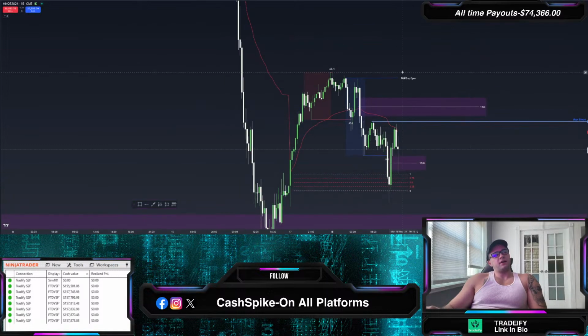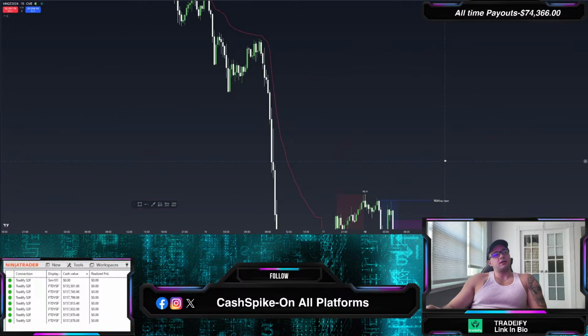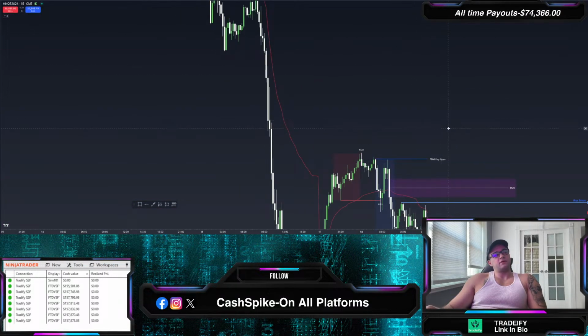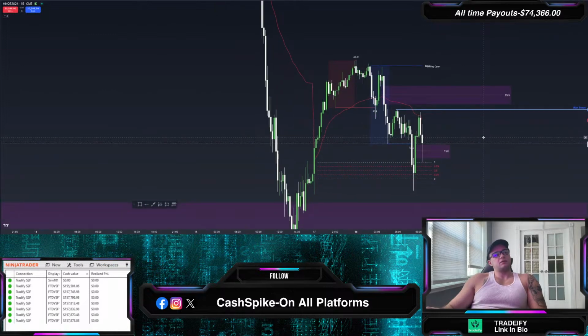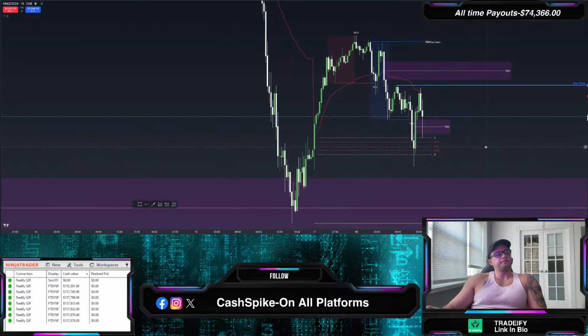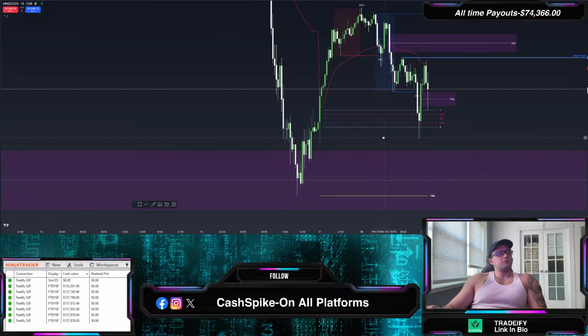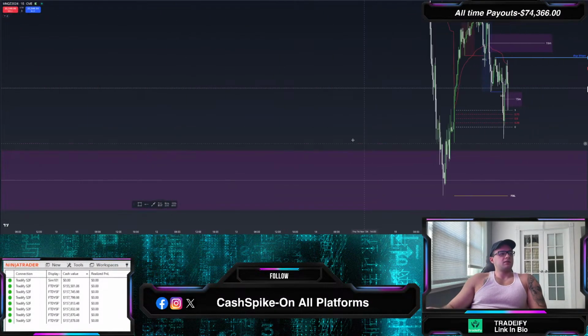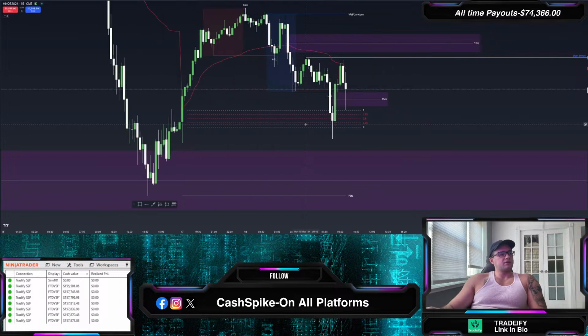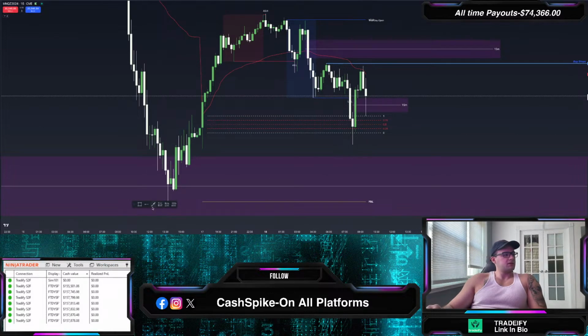If this fair value gap gets inversed, then we're gonna start looking for buys. But currently, we're still very bearish. It's really hard to buy in this environment.